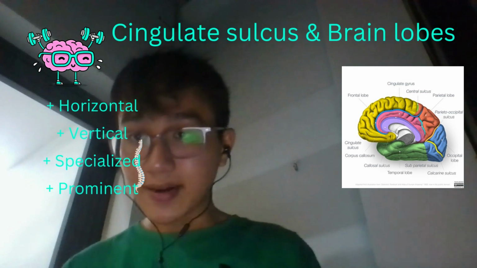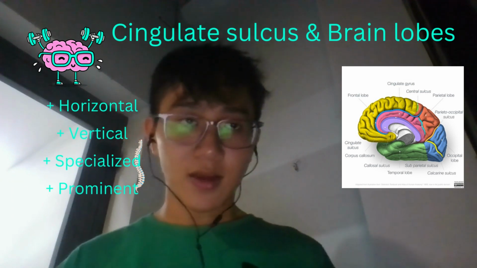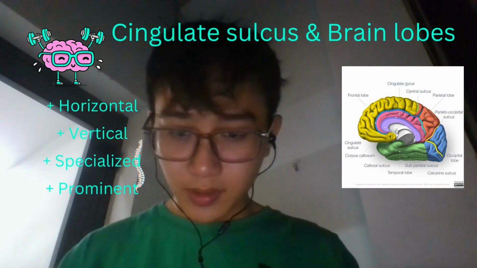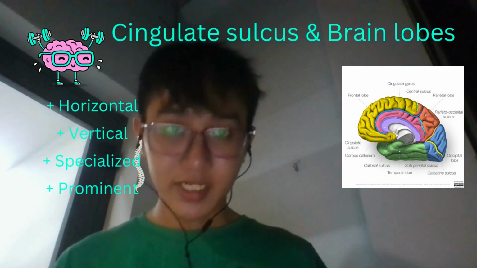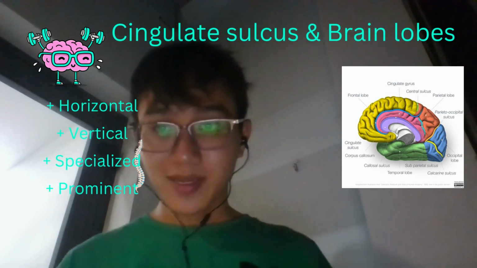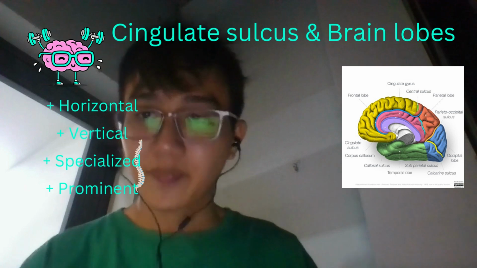Sulcus means a furrow or a fissure. Gyrus is the ridge, but the sulcus is the furrow and fissure.